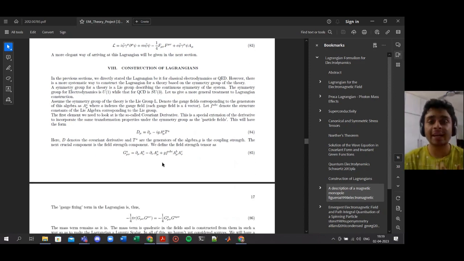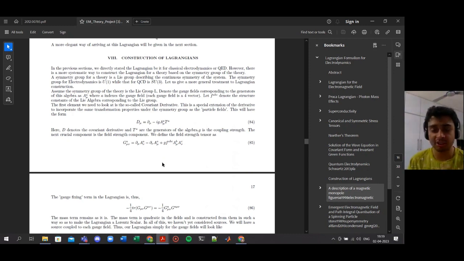Next up, I will describe how we actually construct Lagrangians. Before I start, one thing I need to note is that I'll be describing the construction of quadratic Lagrangians rather than any general type of Lagrangian, because a quadratic Lagrangian will give a linear theory, which is the case in most situations.